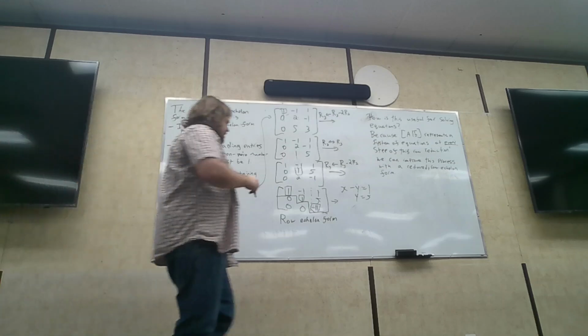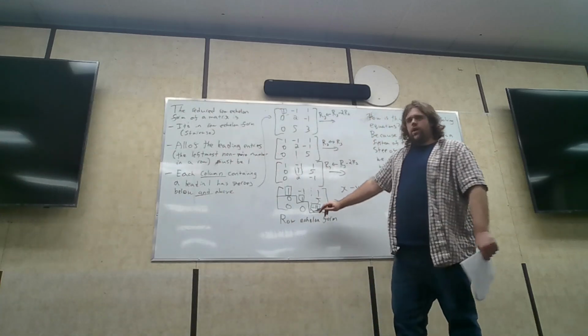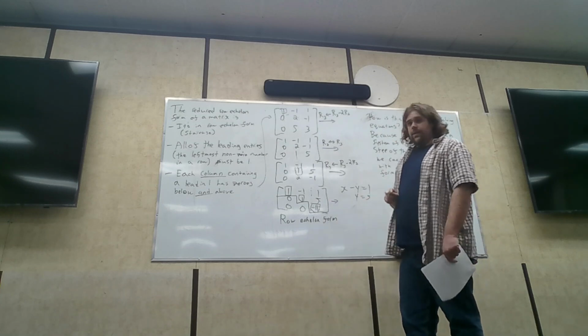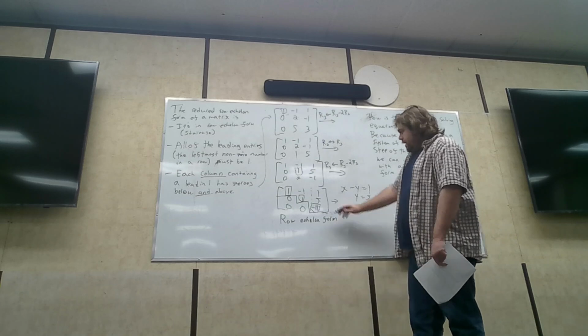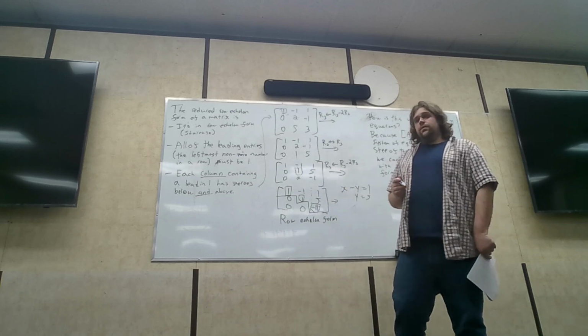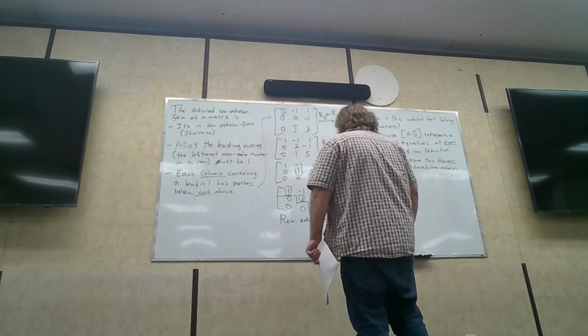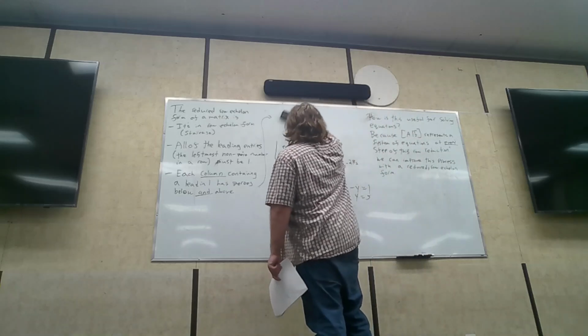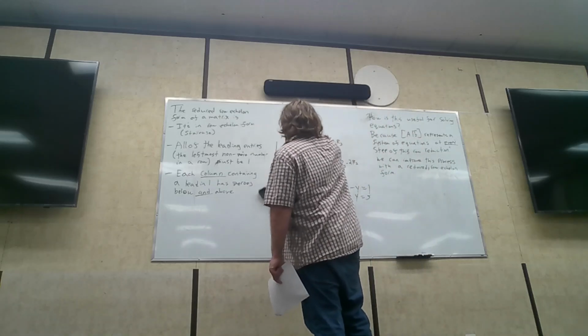So if we look at this example right here, we're not in this form, right? Because this thing is not 1, and above it is not zeros. So how do we do that? I'm going to rewrite this matrix, by the way, because I need it.